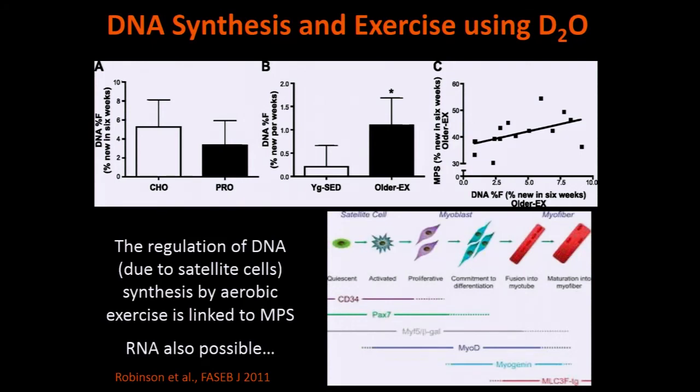However, in the older exercise group, they were able to see a significant increase in new DNA that was synthesized, suggesting that this DNA is coming about through increased satellite cell activation and incorporation of their nuclei into the existing fibers. And what they also found is that the muscle protein synthesis response was correlated to the percent of new DNA, suggesting that there was some link between the capacity to increase synthesis and thereafter the capacity to increase DNA content as well.